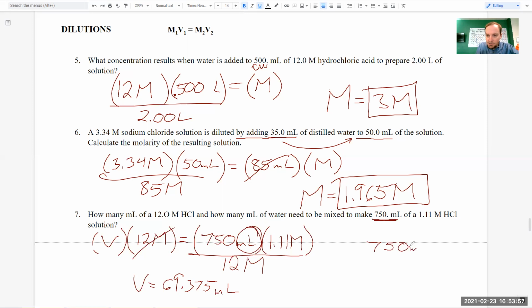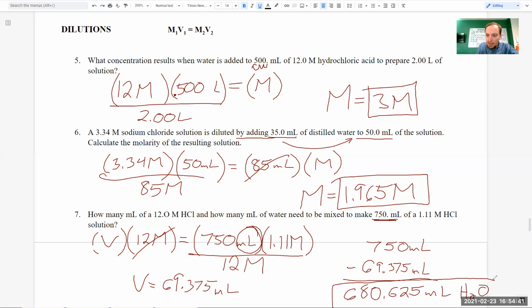So if my final aqueous solution is 750 milliliters, and I've already calculated that I'm going to add 69.375 milliliters of hydrogen chloride, then I need to find the difference to figure out how much water I'm going to have to add to make 750 milliliters of a 1.11 molar hydrochloric acid solution. 750 minus 69.375 gives me 680.625 milliliters of H2O.